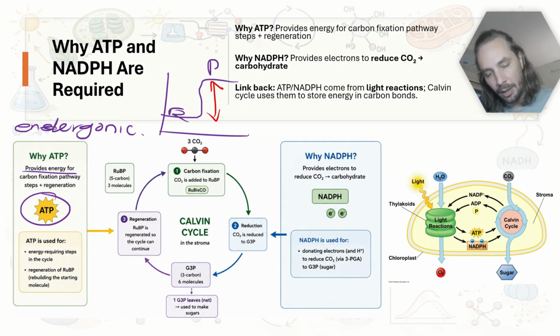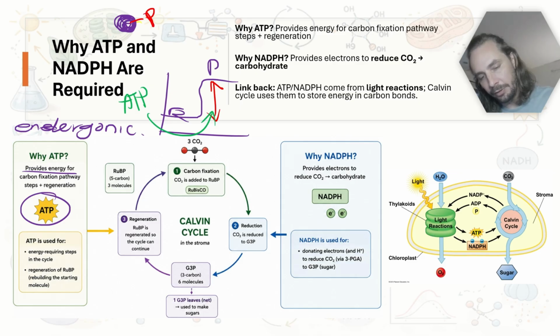Therefore, if I hydrolyze ATP, I can make this reaction favorable. This is the reactant, and if I add a phosphate group to that reactant, it moves into a higher energy level, and then that reaction becomes favorable, and it will happen. So ATP is needed to drive this endergonic process.